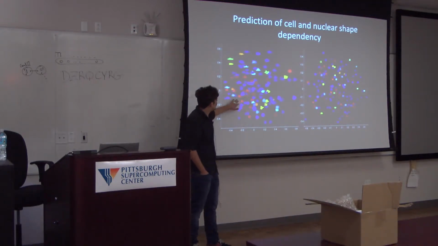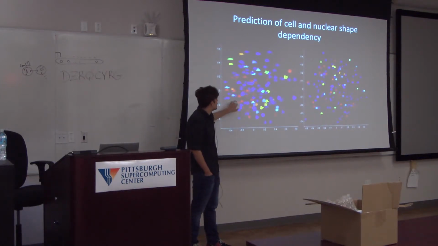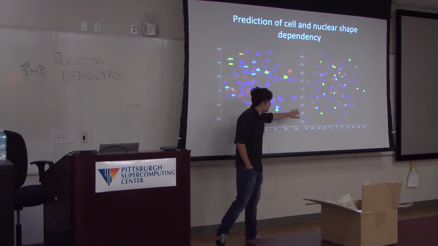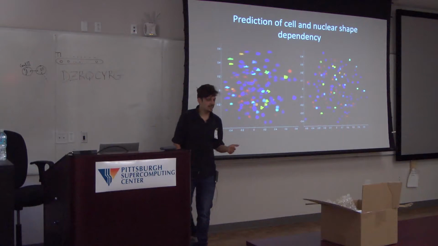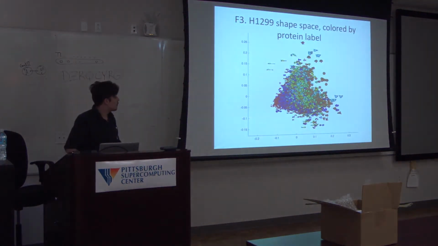Cells that are warmer colors, such as this red, are a shape that is very difficult to predict the corresponding nuclear shape for, and vice versa. Of course, this is very useful when trying to visualize differences in populations.